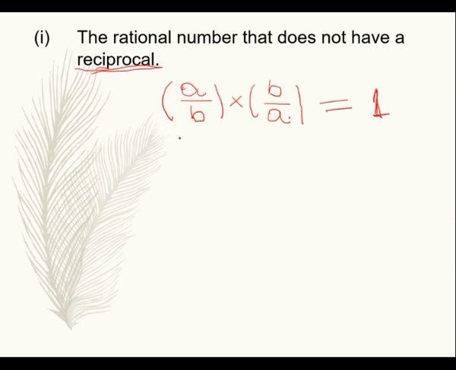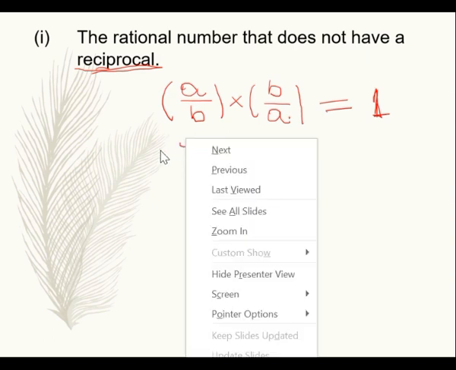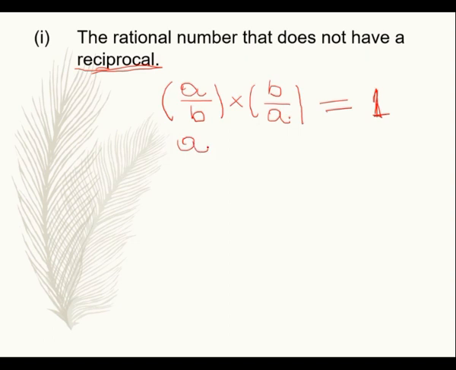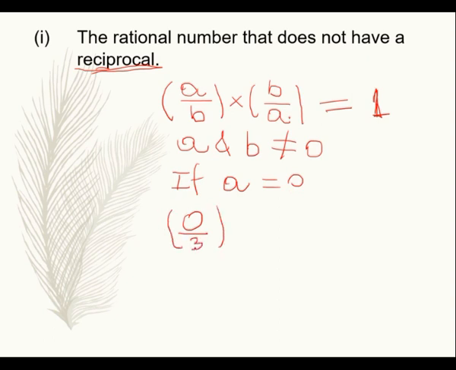So here we have a condition to this rational number a by b. What are the conditions that we have learned? Here a and b should not be 0. We learned that. What happens if a becomes 0? If a is equal to 0, then we will have 0 by some number, let's say 3.